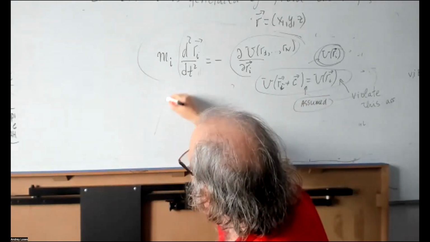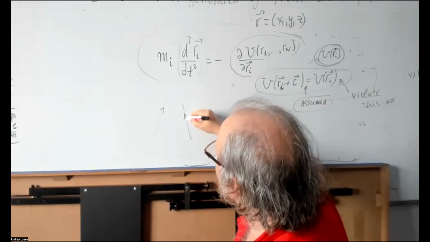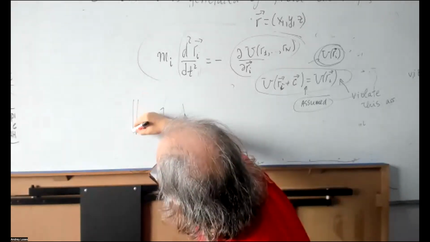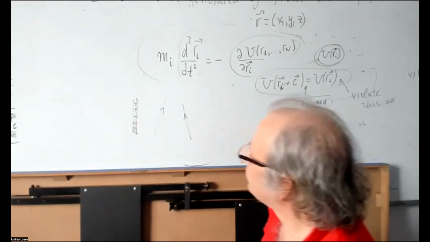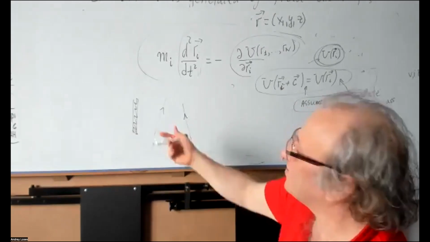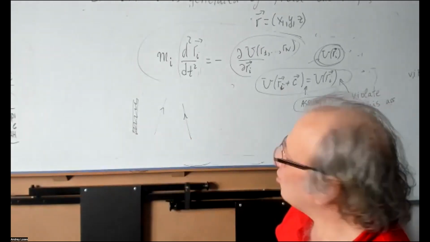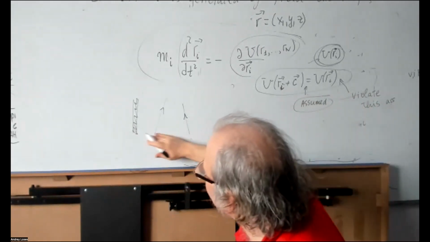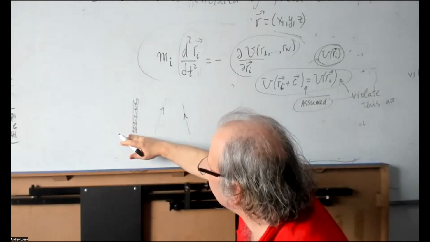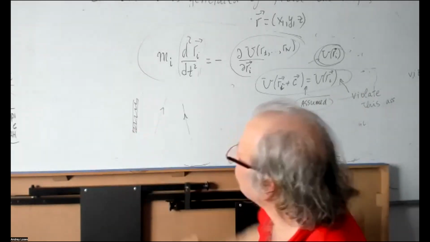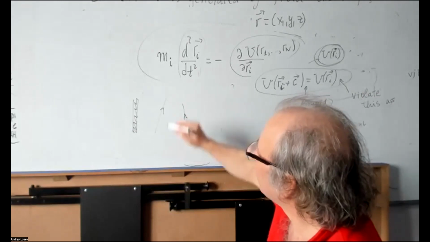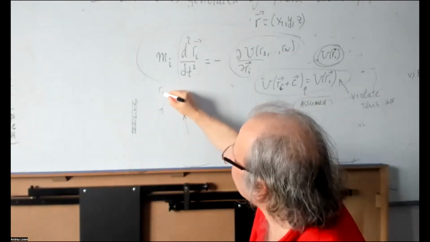Suppose you have many light particles and the sun, and potential is invariant. Now you may think, okay, the sun sits still, and here you have particles.